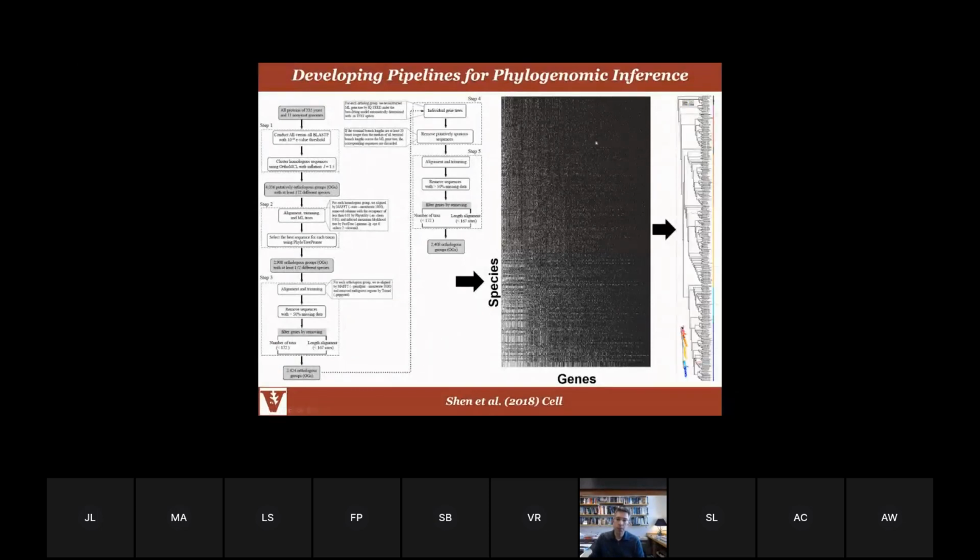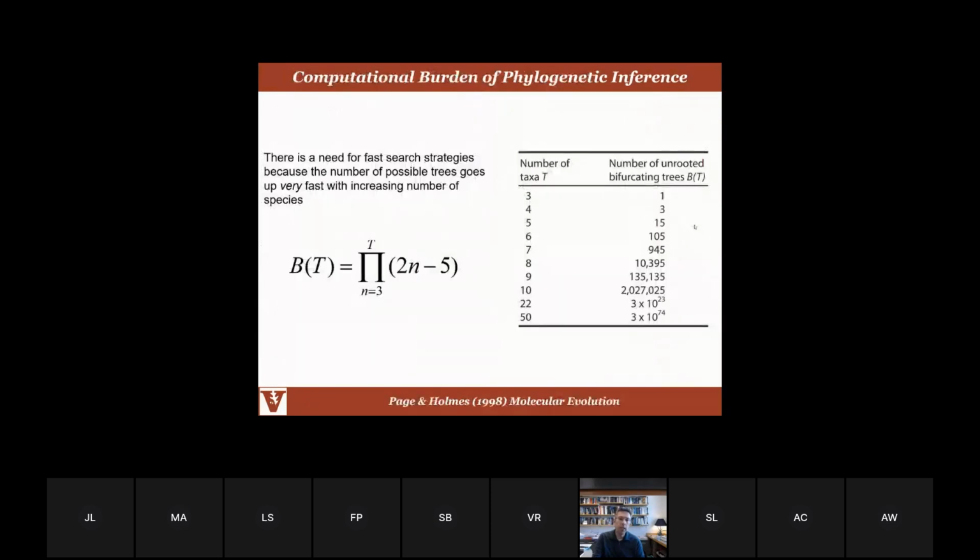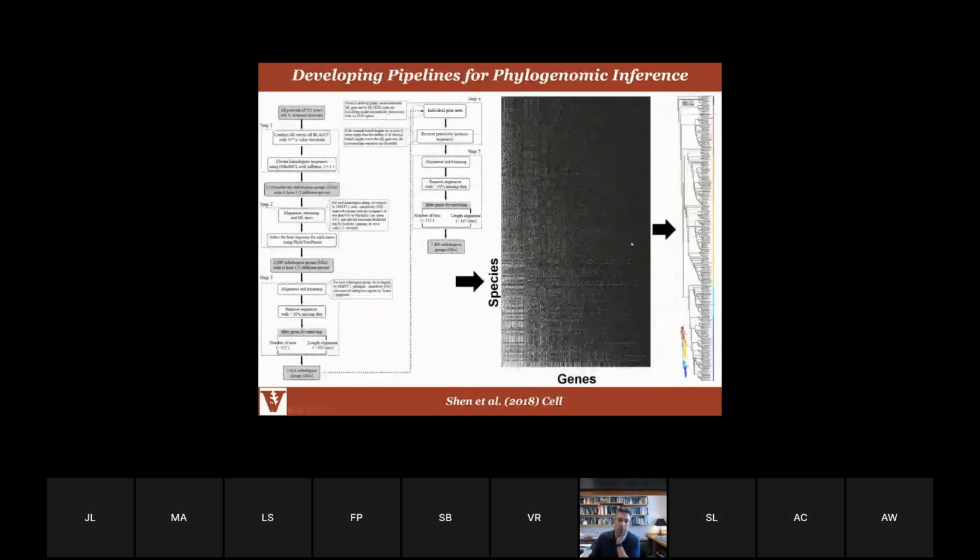Out of this, we would do quite a lot of phylogenetic analysis to try to get insights into the phylogeny of the lineage. Now, one problem you run into quickly is with data matrices that reach this size.